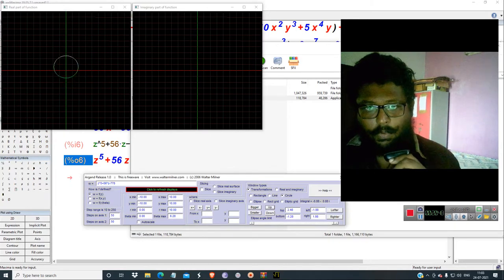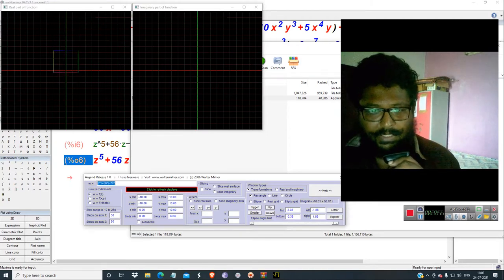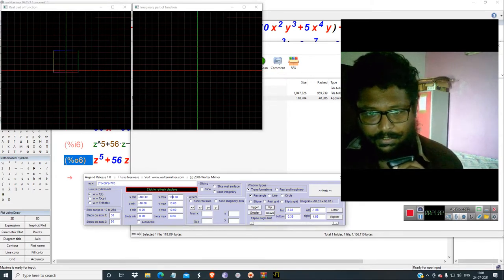When you go big, there is nothing over here. So what about rectangular grids? I think we are really misled now. So let me go for 100 by 100, and in the y-axis also, let's go for 100 by 100.